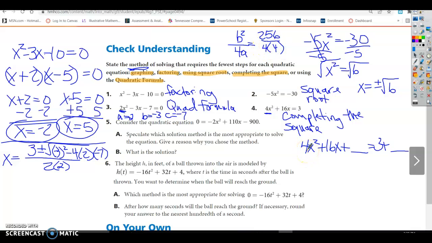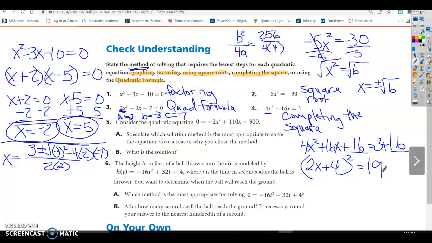So 256 divided by 16. So the number that goes in here would be 16. And then I would rewrite this as 2x plus 4 squared using my perfect square trinomial that I can factor now. And then 16 and 3 make 19. Take the square root of both sides and finish it from there.